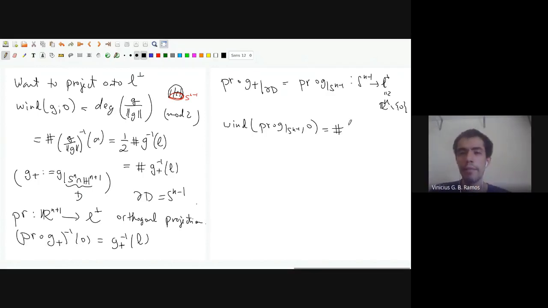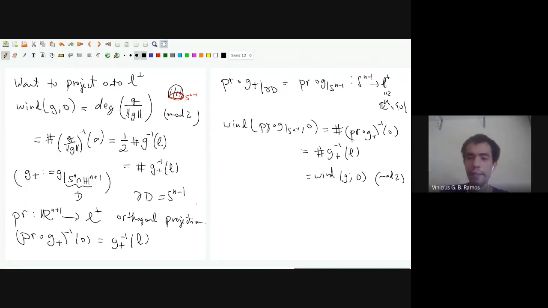So this is equal to the number of zeros here. By this equality here, this is the number of times that the image of G plus intersects L, and by the previous argument, this is just the winding number of G0 mod 2.